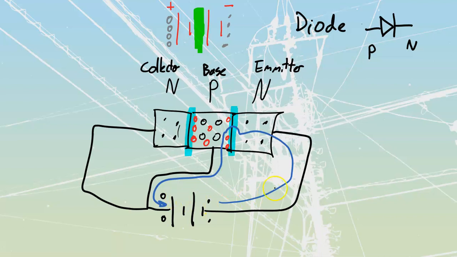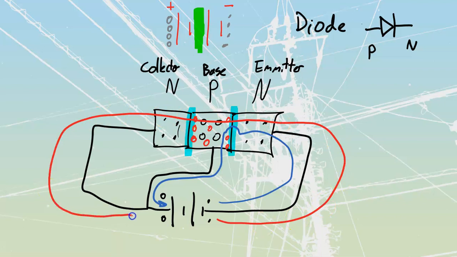As long as I've got this current over here, we're going to call this my base to emitter current. As long as I've got this current traveling through here, it is going to shrink down the depletion regions from my base material, which means that a larger amount of current is going to be able to flow through here.